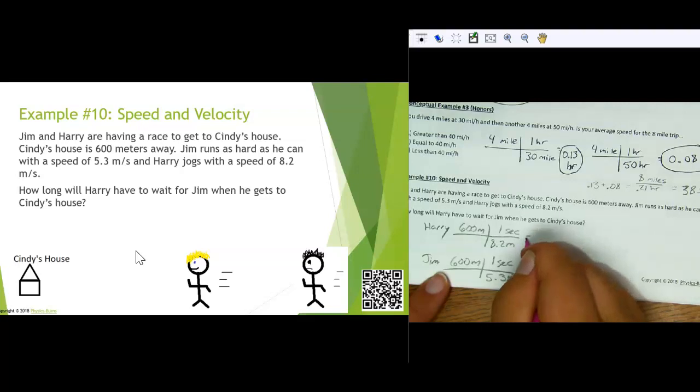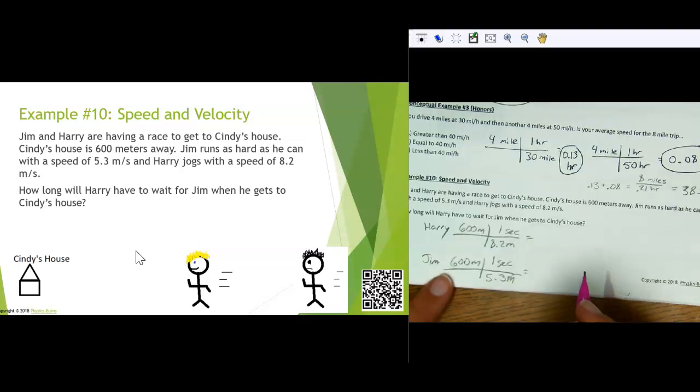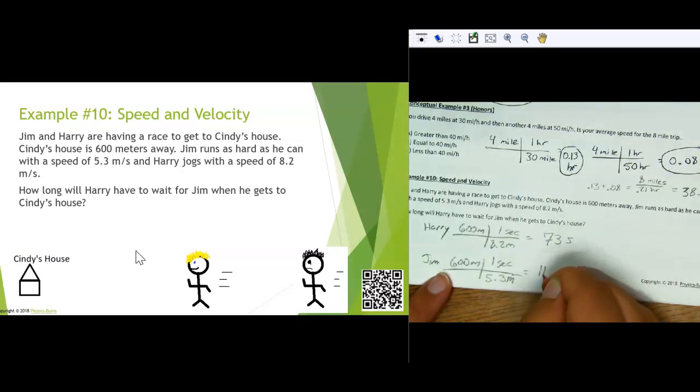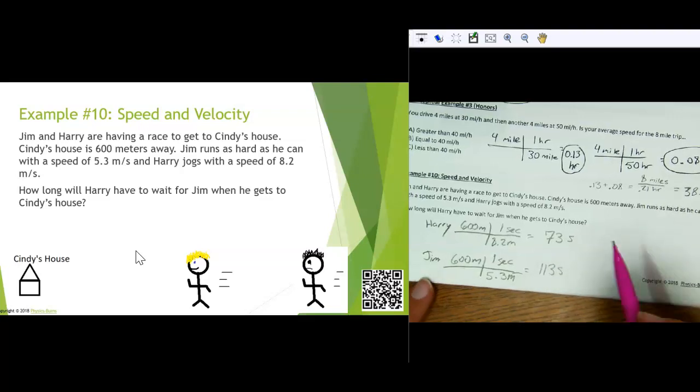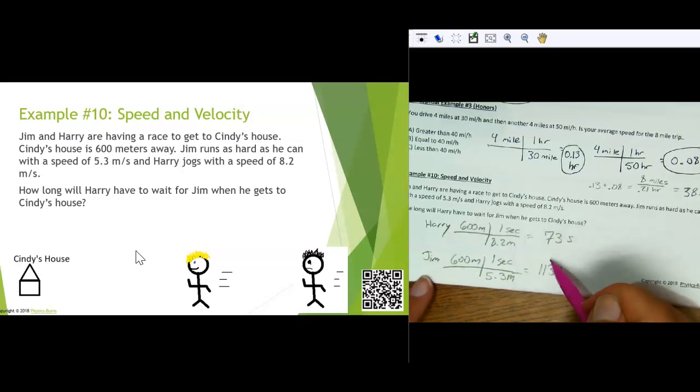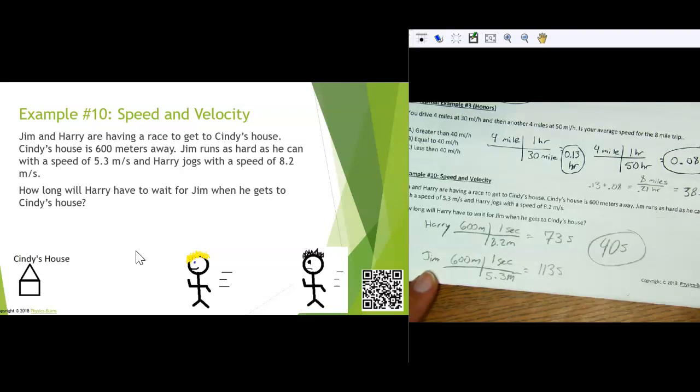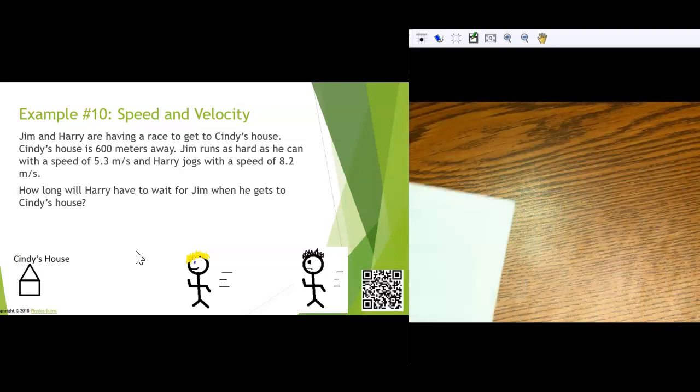When you solve these, Harry takes about 73 seconds. Jim takes about 113 seconds. So Harry waits the difference between these two amounts. He waits 40 seconds. All right, going to move on.